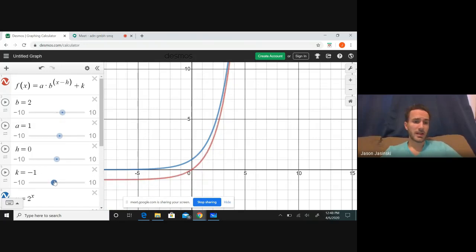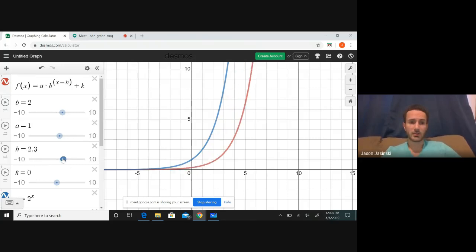We're going to go to the h value next. The h value is a little more confusing because it's the opposite. So let's say we have h equals 1. So if you plugged it in the formula, it might say x minus 1. So notice x minus 1 implies 1 unit to the right.